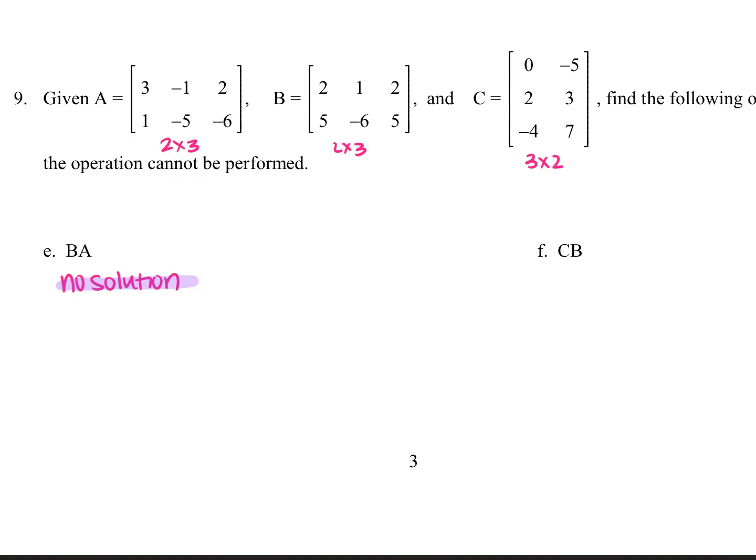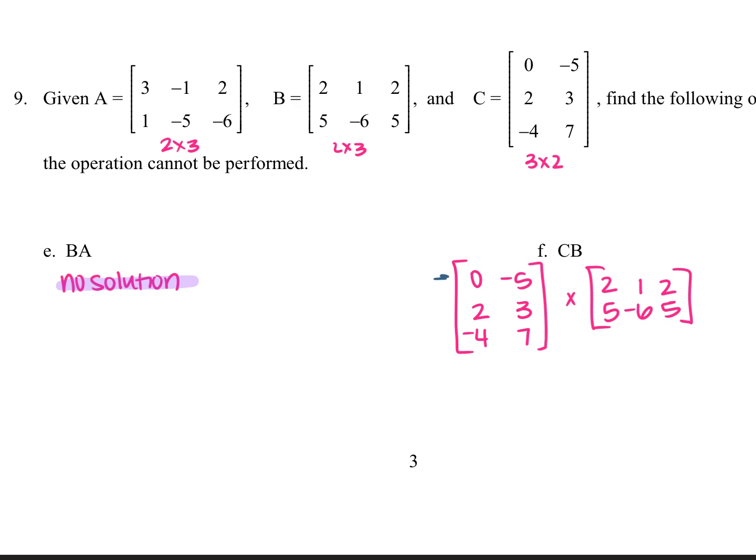So you're going to have the matrix 0, -5, 2, 3, -4, 7, multiplied by 2, 1, 2, 5, -6, 5.